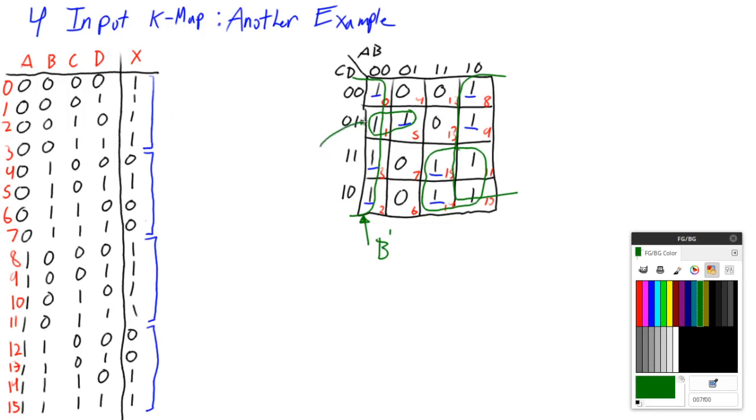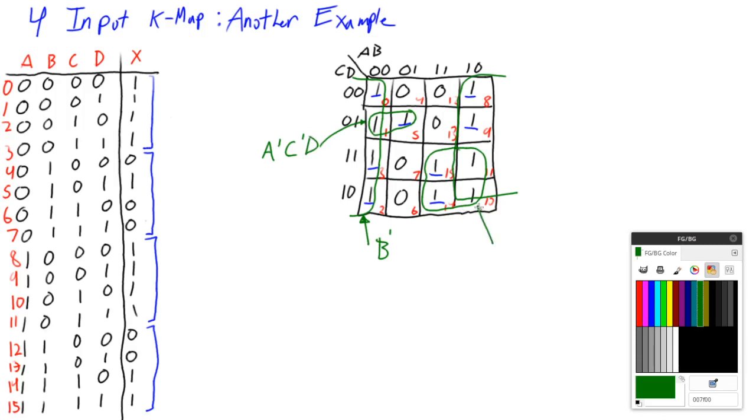Now, let's take a look at this implicant. What's staying the same? Well, A stays as a 0, so we've got A naught, since it's a 0. B changes, so we're not going to put B in there. C stays as a 0, so it's C naught. And D stays as a 1.